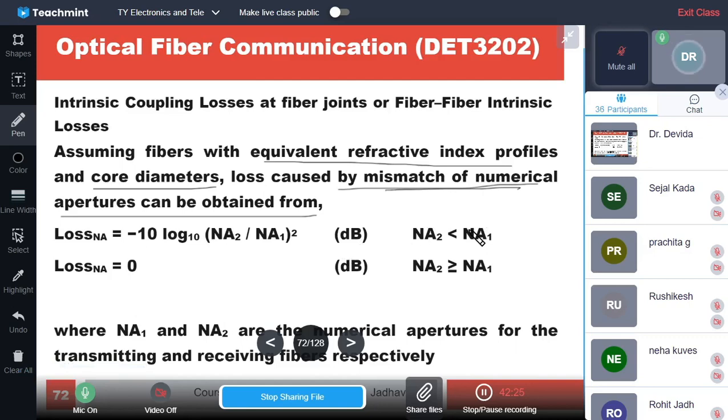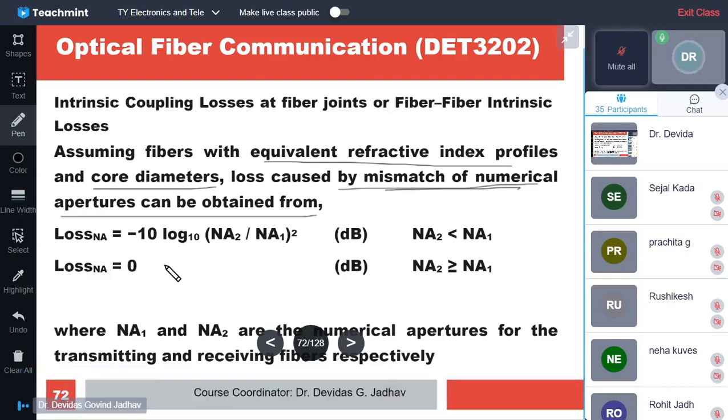That is, the receiving fiber numerical aperture is less than the source fiber. Whereas if the receiving fiber has a larger or equal numerical aperture to the source fiber, there will not be any loss. Same condition as that of the diameter.